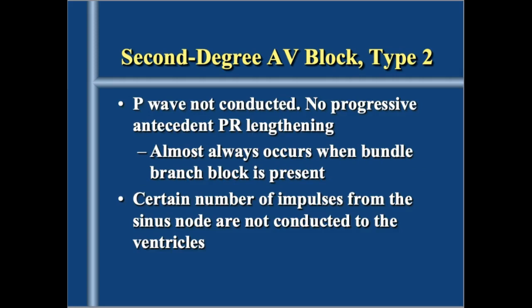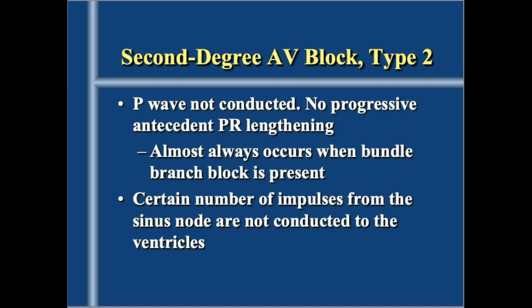So our more serious block is still a second degree AV block, but it is a type 2. Now in a second degree type 2, there's no widening of the PR interval. No widening.